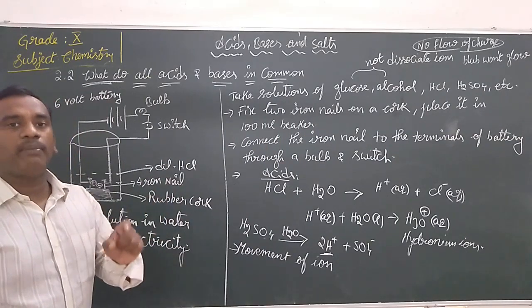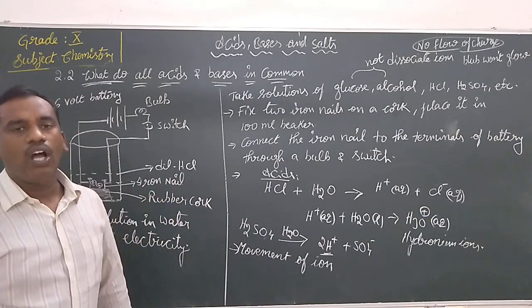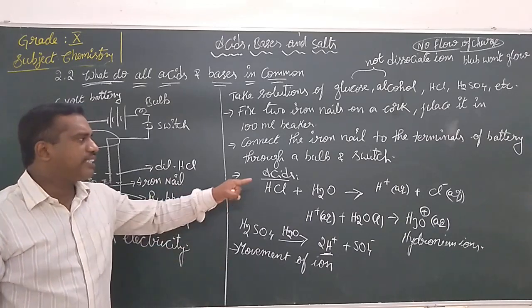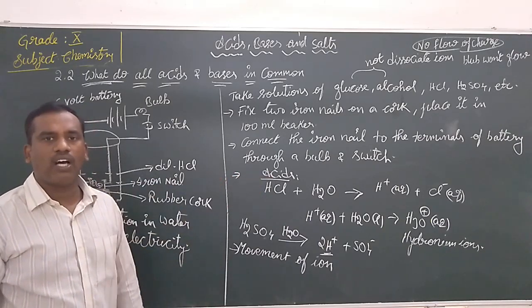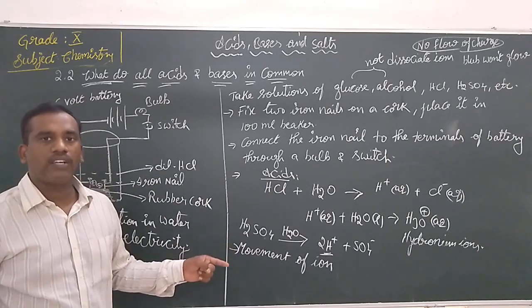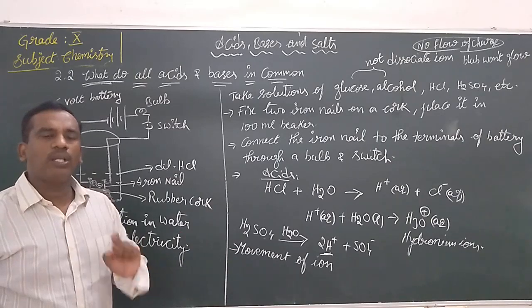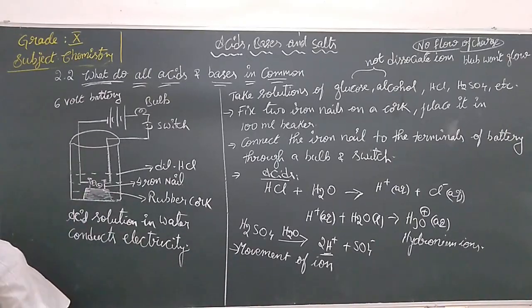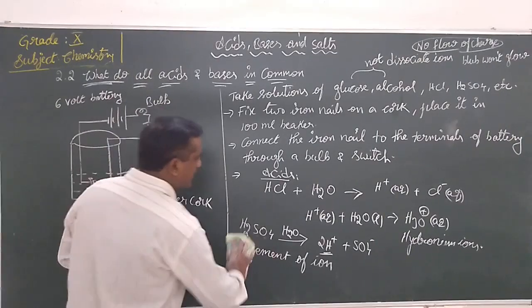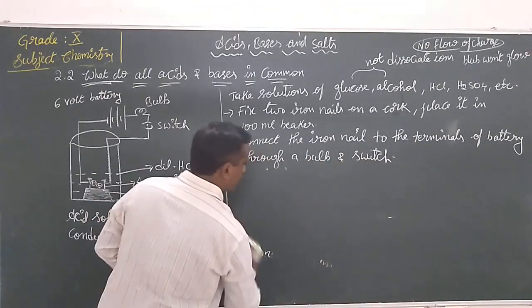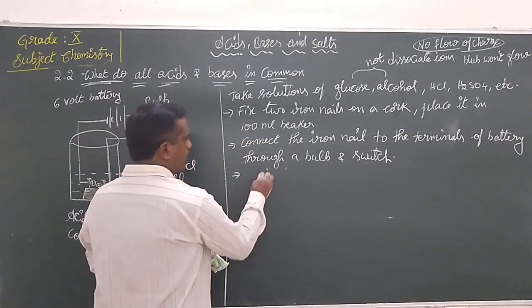Only acids and bases are dissociating into ions. So by this activity we conclude that acids dissociate to give H plus ions that are the reason for conductivity. If we take a base, what do bases have in common? In place of HCl or H2SO4, I am going to use NaOH.